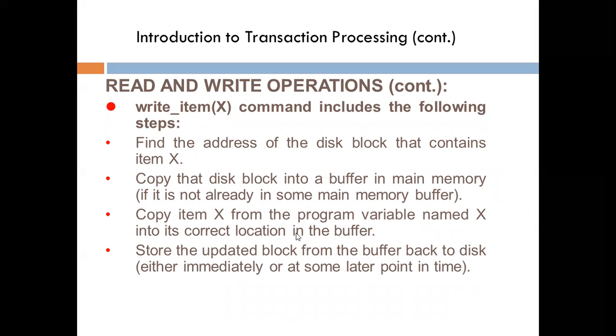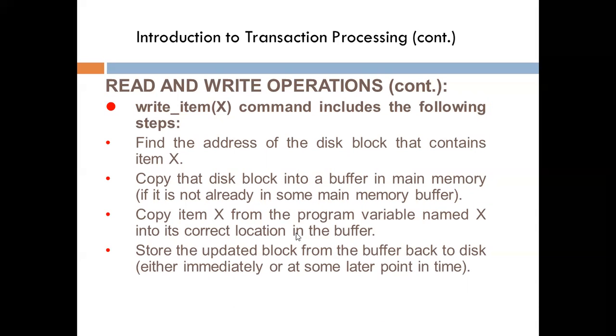On the other side, the write command also contains certain steps. First, the address of the disk block that contains item X is found. Then copy the disk block into the buffer in main memory. Then copy item X from the program variable into the correct location in the buffer.